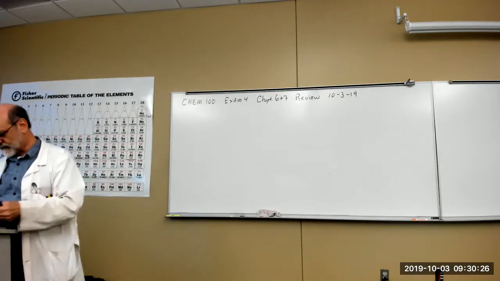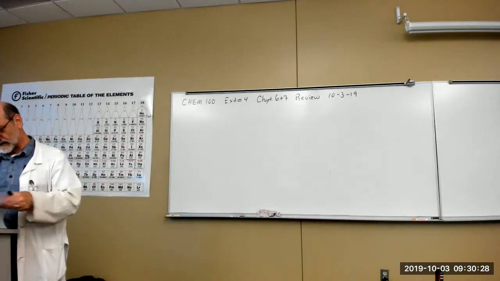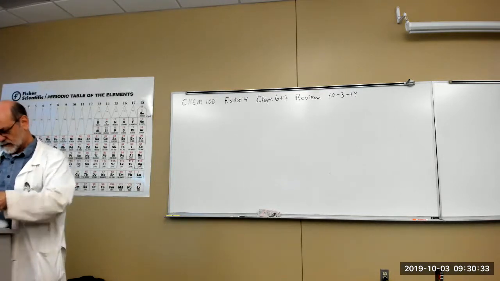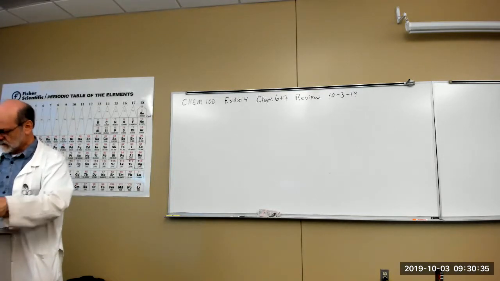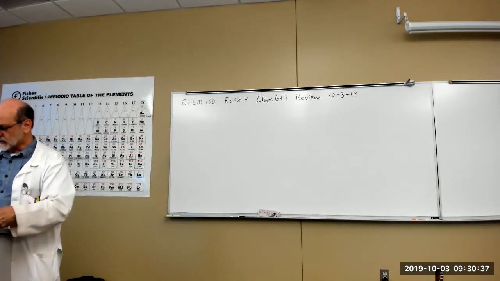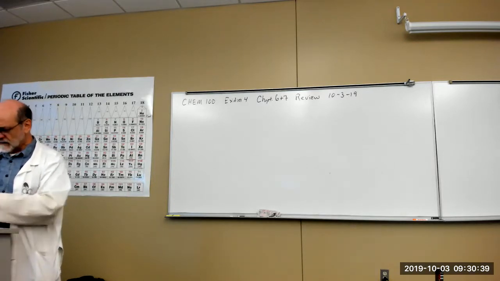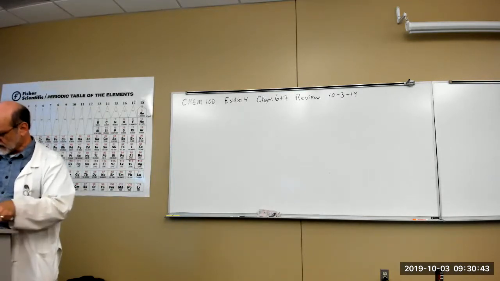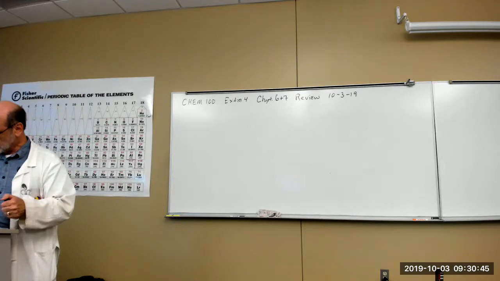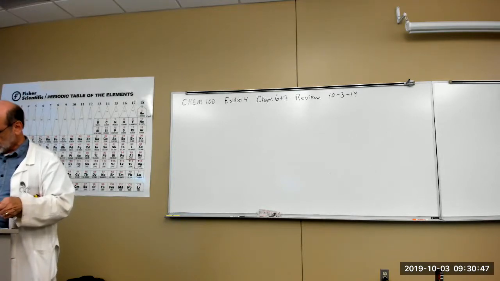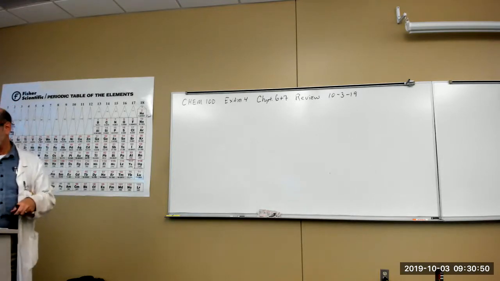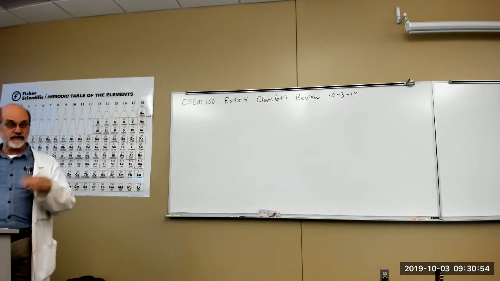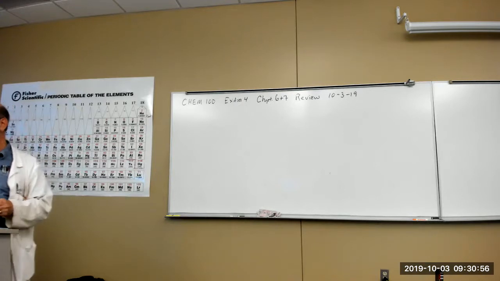Let's see if I've forgotten anything. Balance equations. What types of equations? Just scan, see if I got anything else that's worth talking about. You might want to just glance through the chapter for significant scientists that contributed to these things.